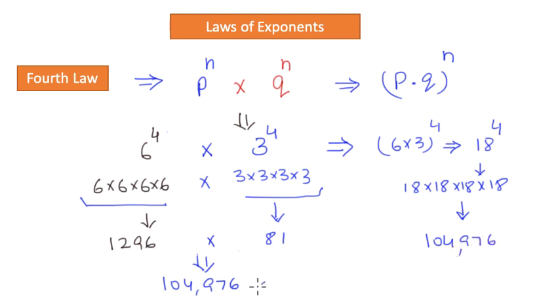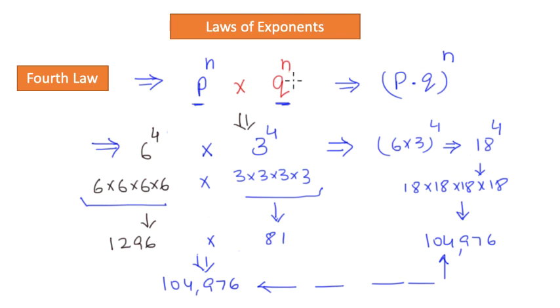So the result we obtained through expansion is the same result you obtain going directly through this formula. The key point is to remember this simple rule: when you're multiplying two numbers that have different bases but the same powers, the bases get multiplied and then raised to the power n, which is the same as the power of these numbers individually.